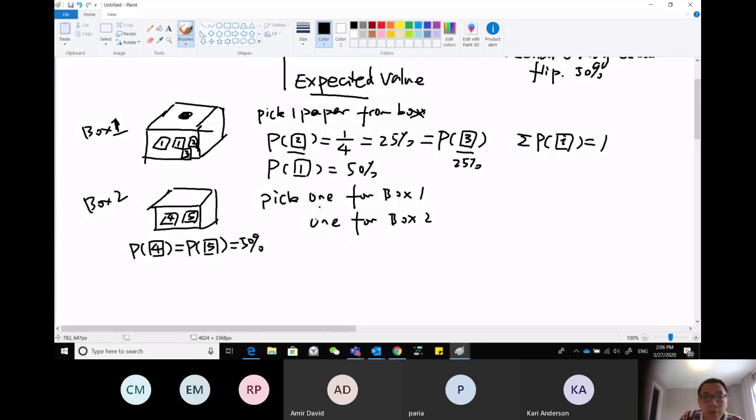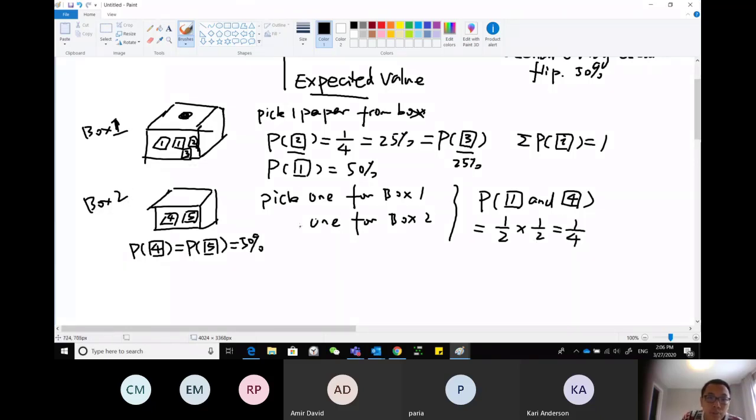Now, if you pick a paper from box 1 and pick a paper from box 2, the probability of getting the value 1 from the first box, and getting a piece of paper of 4 from box 2, will be equal to 50% times 50%, right? So that's 1/4 of the chance.